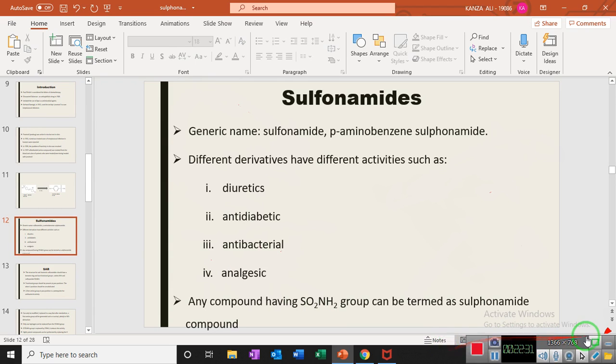One of the important compounds is tolbutamide, which is synthesized by modification, when this amino group is replaced by CH3 and some substituents are substituted at the nitrogen of the SO2NH2. We have got tolbutamide and other antidiabetic compounds.